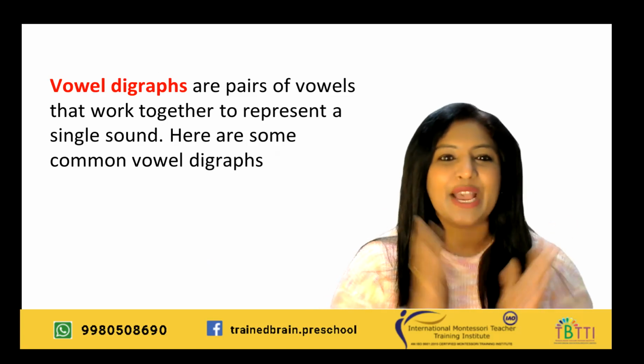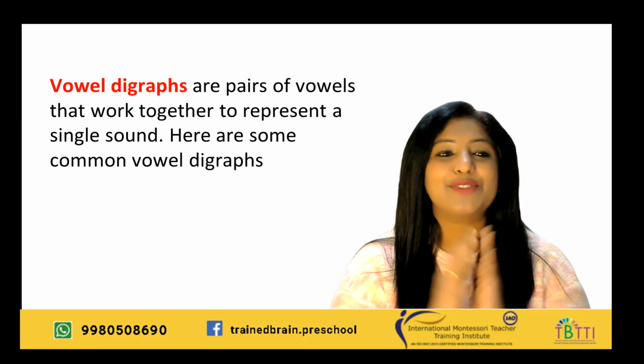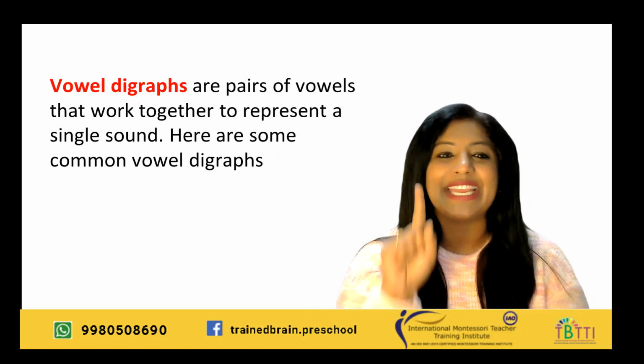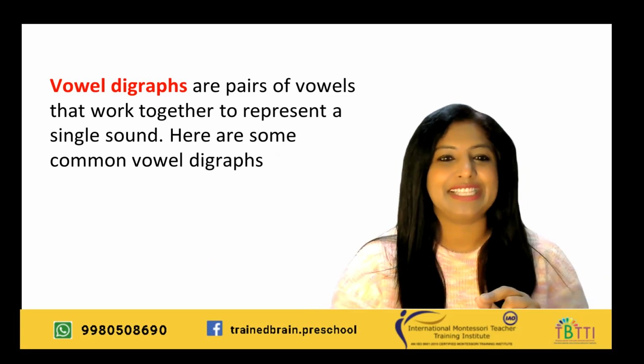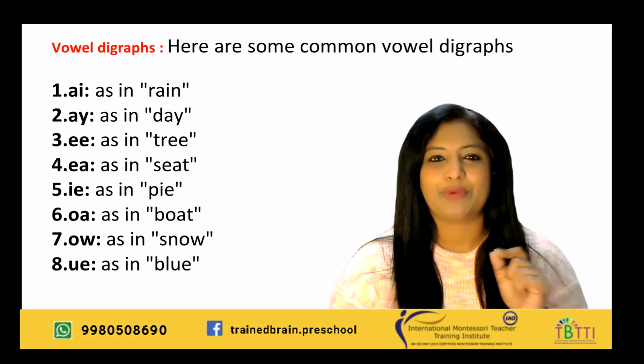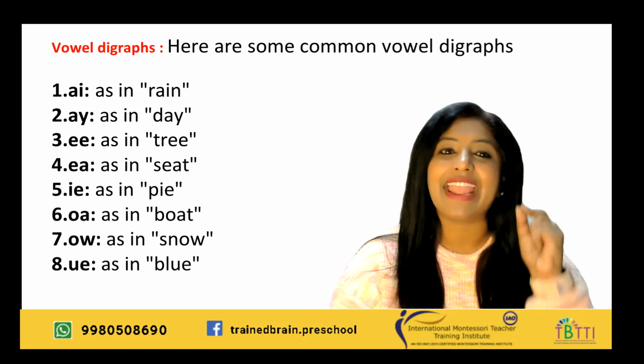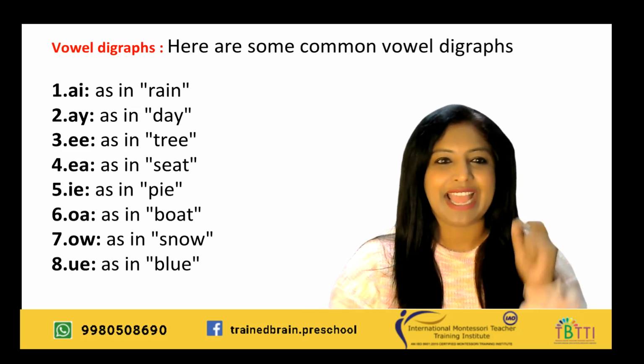So to summarize, vowel digraphs are pairs of vowels that work together to represent a single sound. So let's list all of them together. What were the common vowel sounds that we learned today? We learned that there are 8 vowel digraphs.